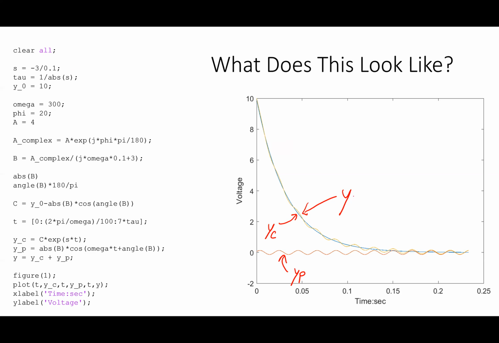As you look at this, what do you notice happens with the total solution, the yellow one, and the particular solution, the red one? They line up, which is what they should do, because what does the transient response do? It always becomes 0. It's gone.